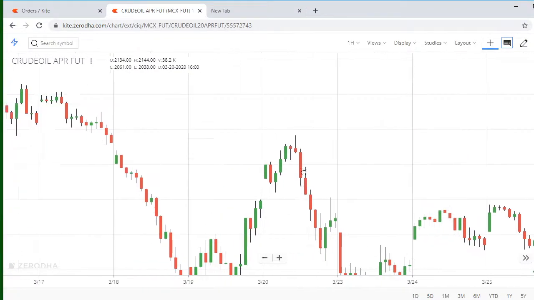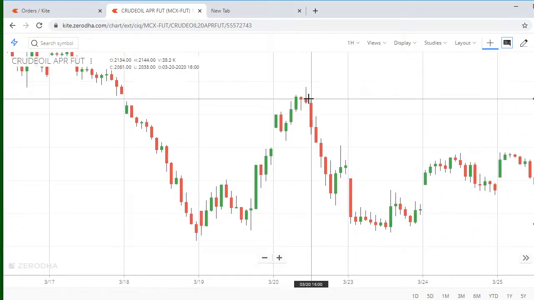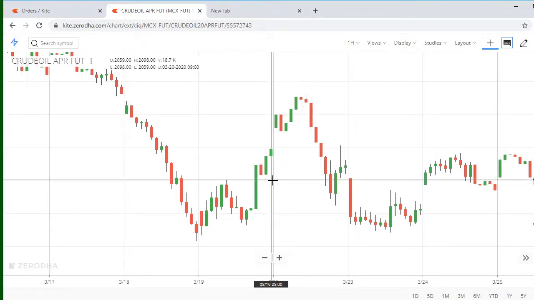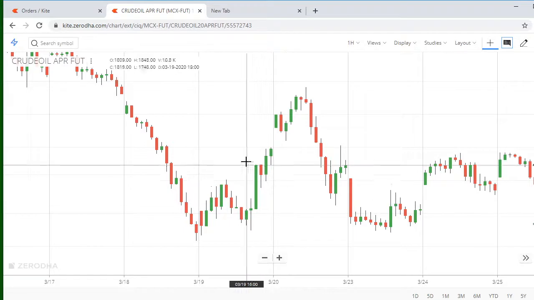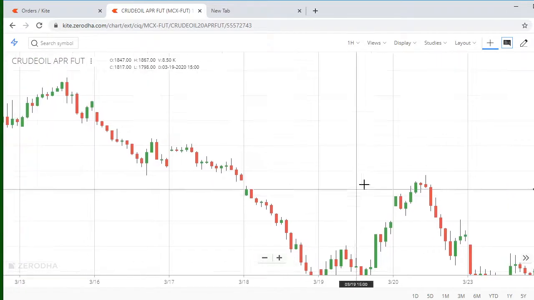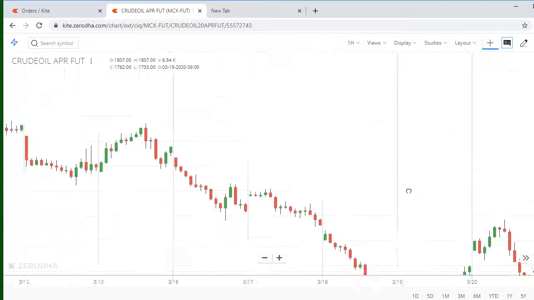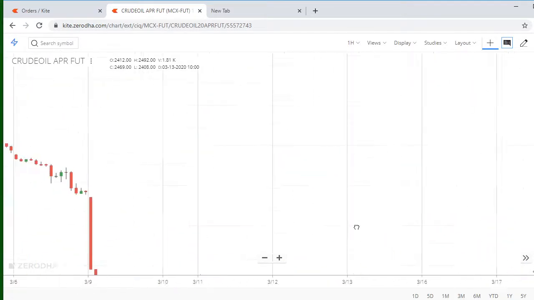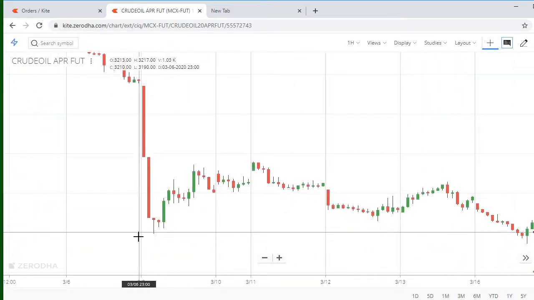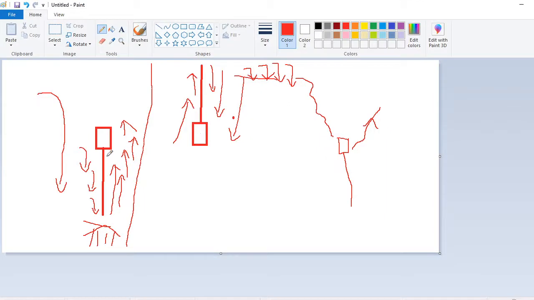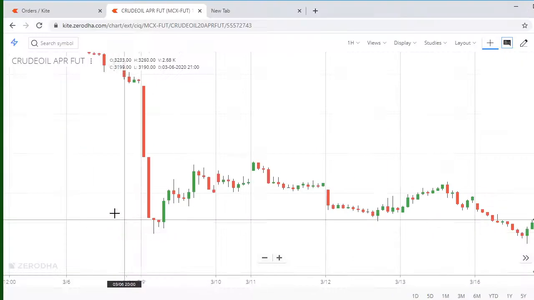So there is a nomenclature for these candles, like what this candle is called, shooting star or hammer or those kinds of things that we will discuss now. It's very clear that if you find any candle like this with an upper side wick, then there is a price rejection on the higher side. And if you see a candle with a bottom side wick, exactly as we discussed, the candle with the bottom side price rejection can be a trend reversal.